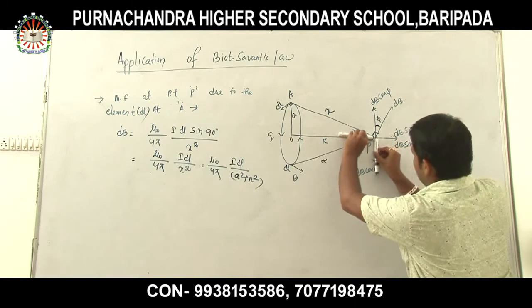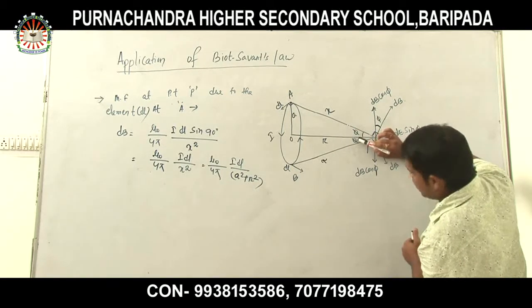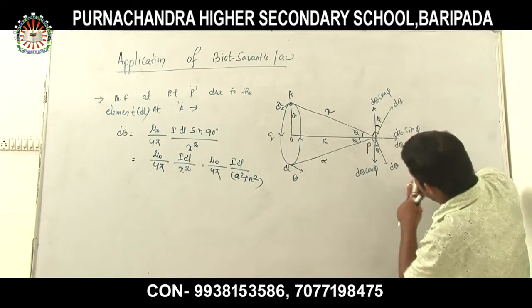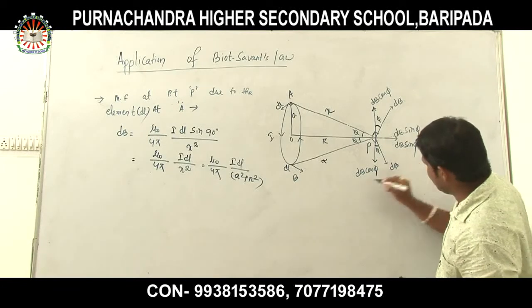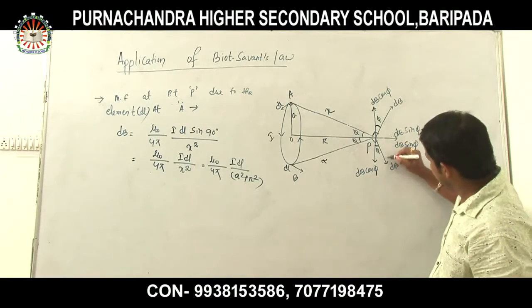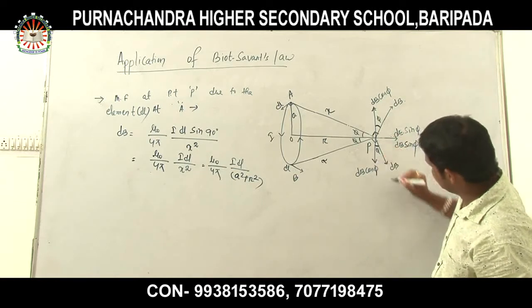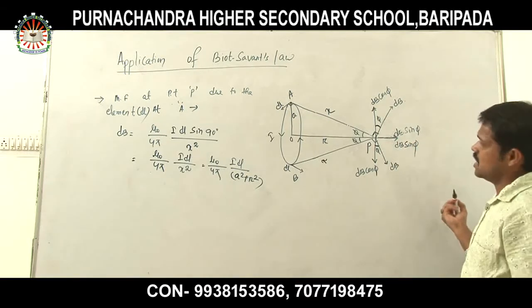Look at the rotation here. How much angle will I rotate? Phi angle. And by rotating phi angle here also I will get a phi angle. So this is dB cos phi and this is your dB sin phi.